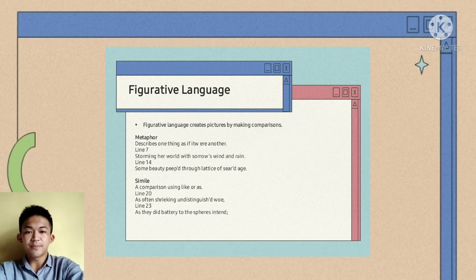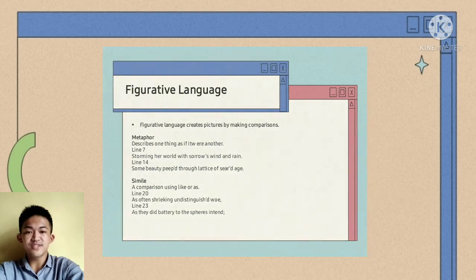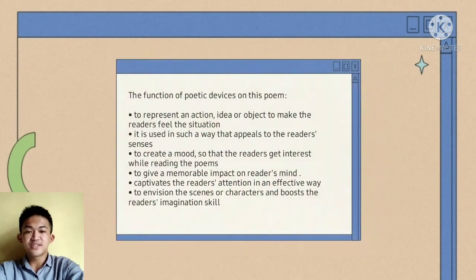After we discuss the poetic devices based on the poem A Lover's Complaint by William Shakespeare, now let's discuss the function of poetic devices in this poem. First, to represent an action, idea, or object to make the reader feel the situation. It is used in such a way that appeals to the reader's senses.